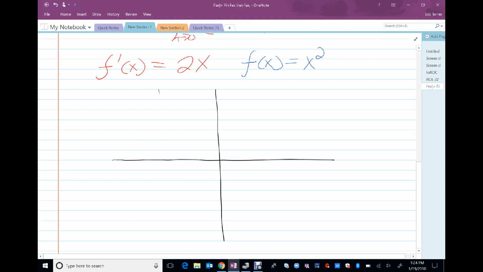And just making a rough graph of my function f of x. Okay, we should know what x squared looks like. Y equals x squared, the graph.